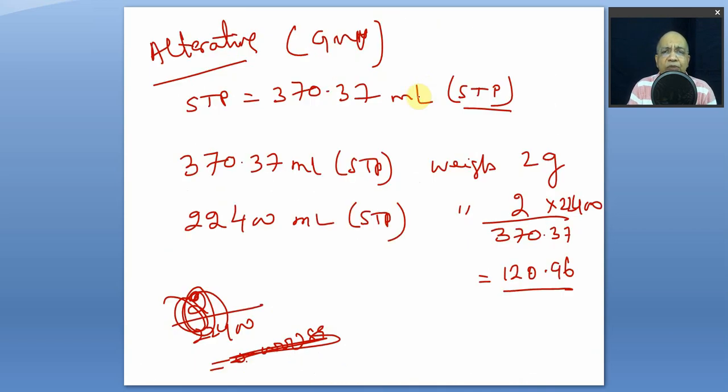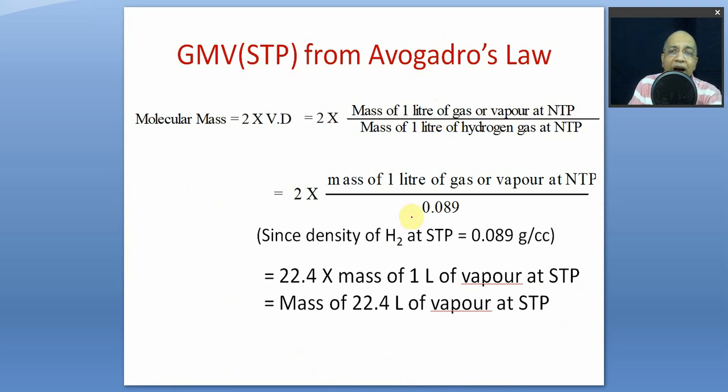So we have done a lot of things, and last is how 22.4 liters can also be derived from Avogadro's law. That is another application. We already know molecular mass is 2 into VD. The VD definition is the mass of a certain volume.